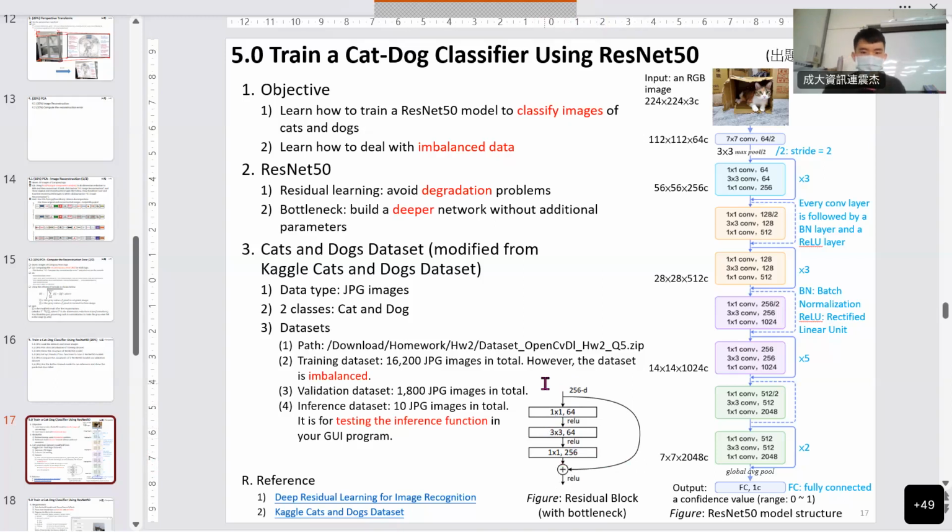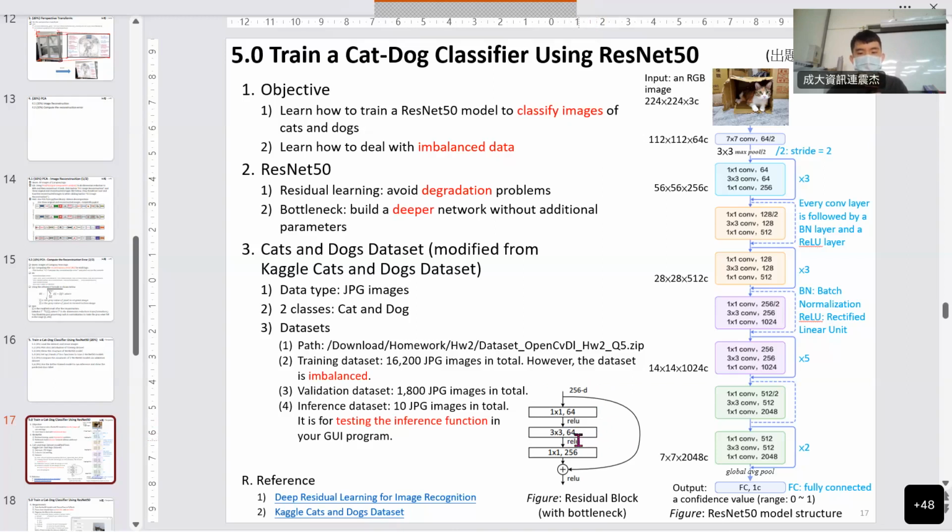Next, in this residual block, the input is 256-channel feature maps. But here we use a 1x1 convolutional layer to reduce them to 64 channels. After that, the 3x3 convolutional layer uses these 64-channel feature maps to extract more features.